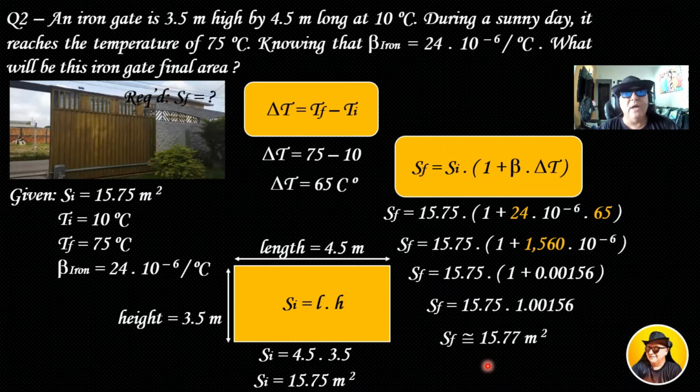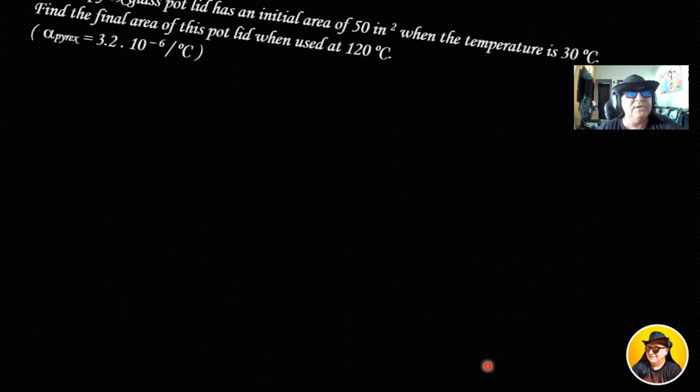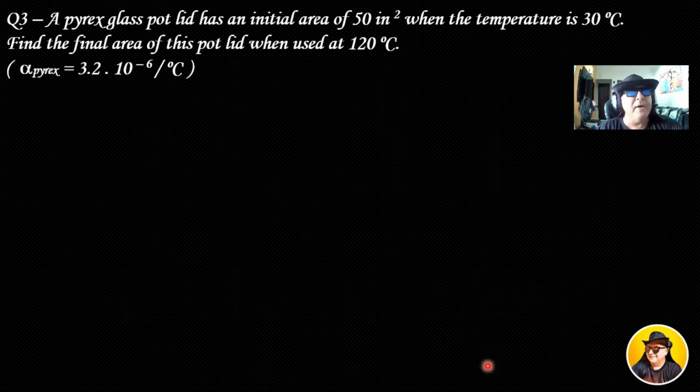Well, let's see question number 3. Are you ready? So, come on, pay attention. Here it is. A Pyrex glass pot lid has an initial area of 50 square inches when the temperature is 30 degrees Celsius. Find the final area of this pot lid when used at 120 degrees Celsius.